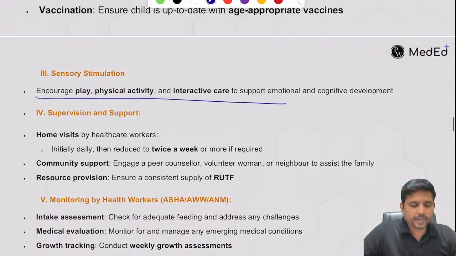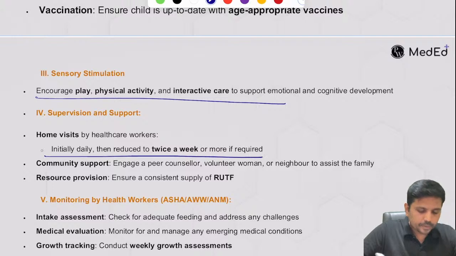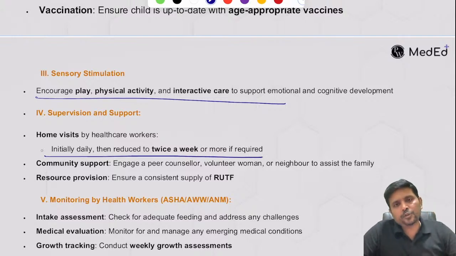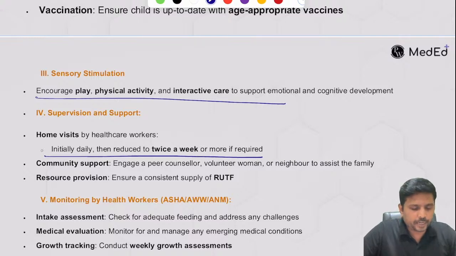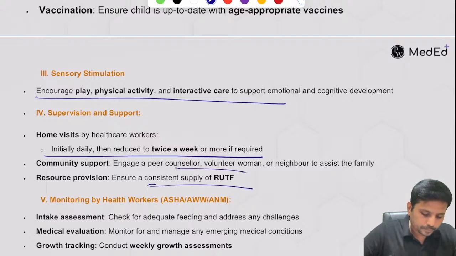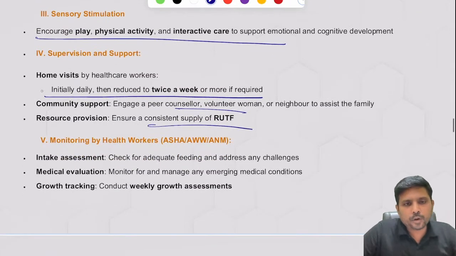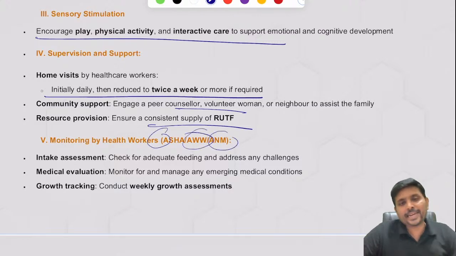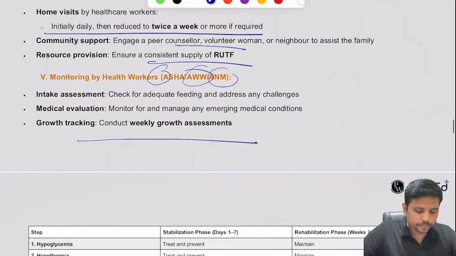Apart from that, twice a week your auxiliary nursing midwife or multi-purpose health worker will visit the child to see whether the child has put on weight or not. Who are all the people going to visit? ASHA workers, Anganwadi, and then ANM, the auxiliary nursing midwife.